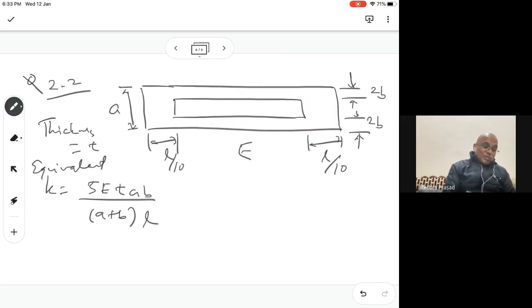So we have two structures, and one is this one.